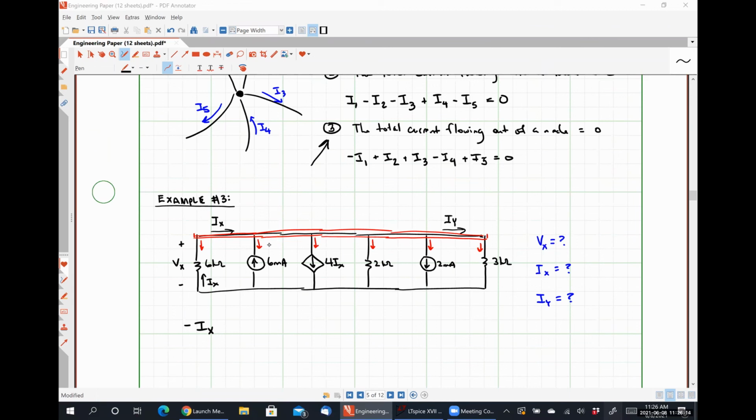That's absolutely correct. -6 milliamps. What about the next branch with the dependent current source? Positive 4Ix. Absolutely correct. Positive 4Ix.